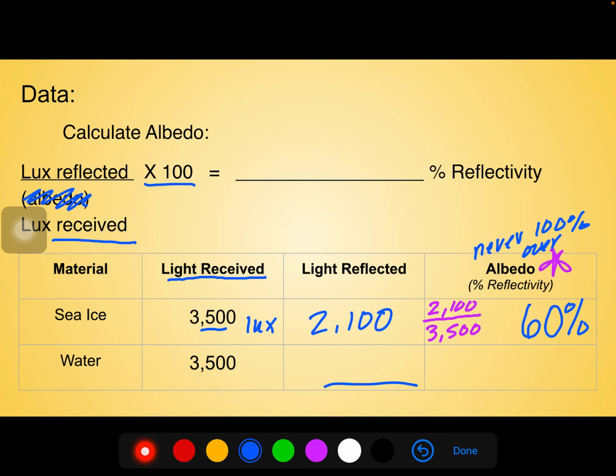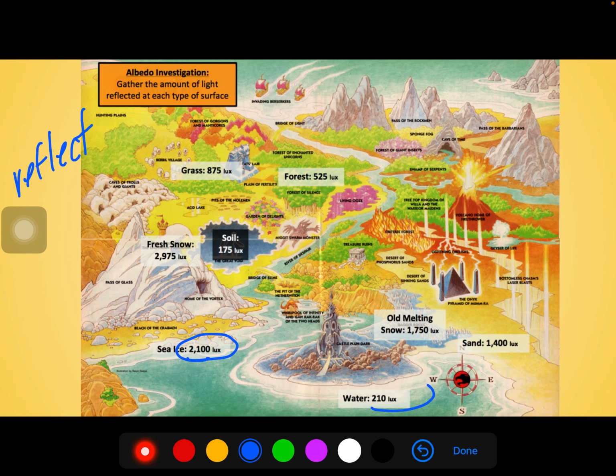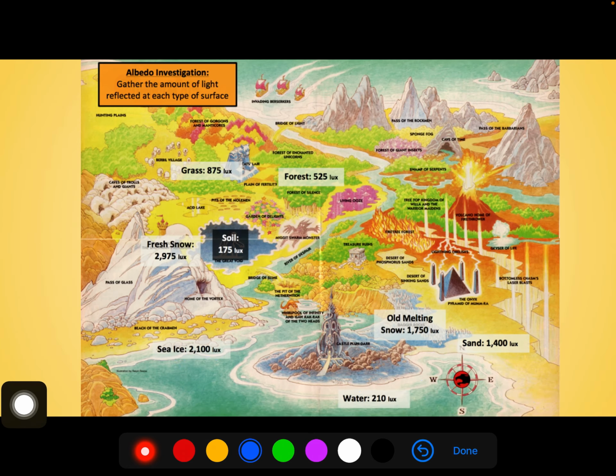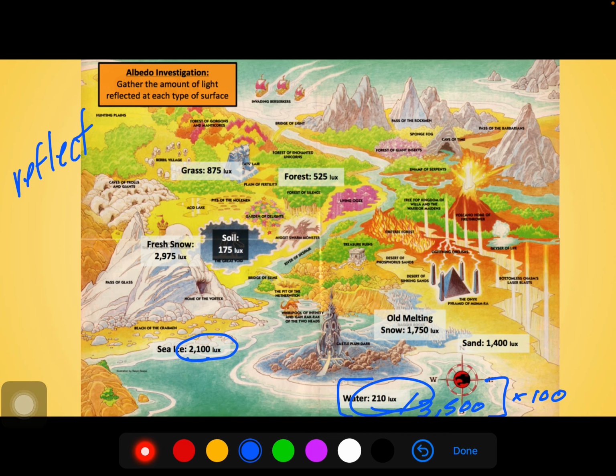Then you're going to go back to the map, find water, plug that in, dividing it by 3,500, and multiplying that new answer times 100 will give you your albedo percent of light reflected from that surface. So here's all the different surfaces that you're going to be finding in that diagram. Go ahead and pause the video now so you can collect all of your data and calculate.